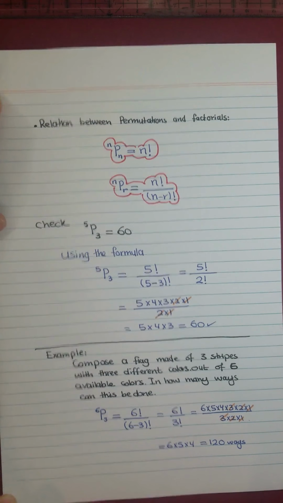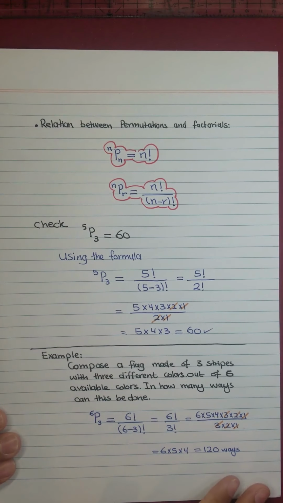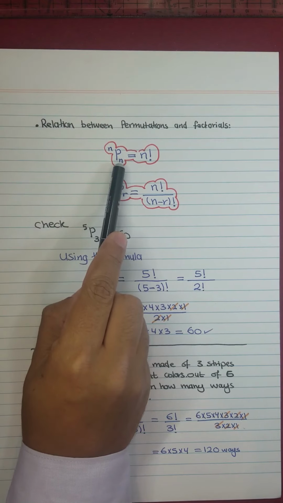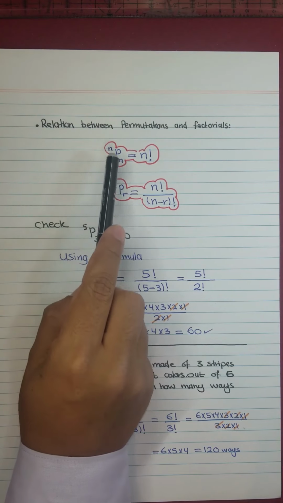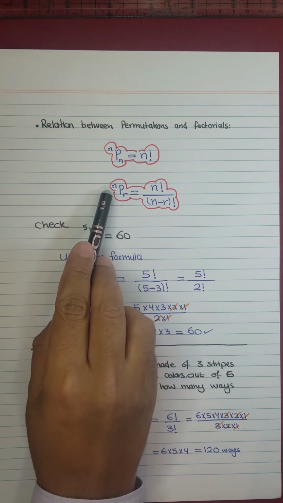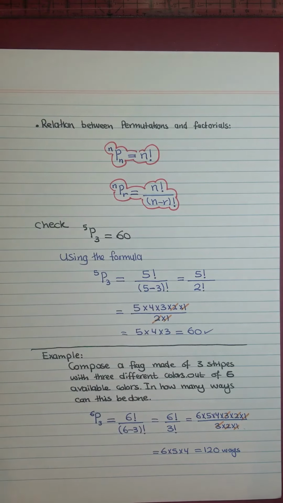Okay, so we are back now, and as we have seen in the first part of this video, we learned that the meaning of permutations is arrangements. We saw how we evaluate the permutation of n elements in n places, and we also saw how we evaluate the permutation of n elements in r places.